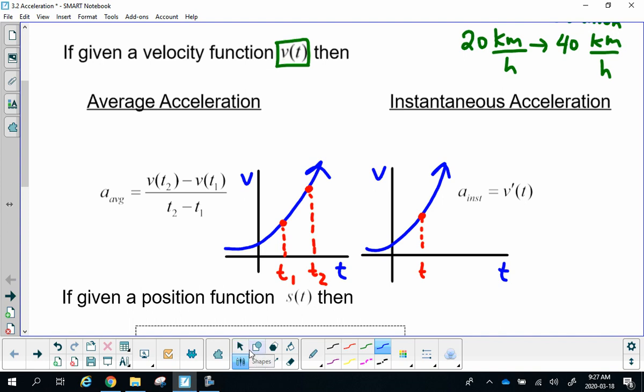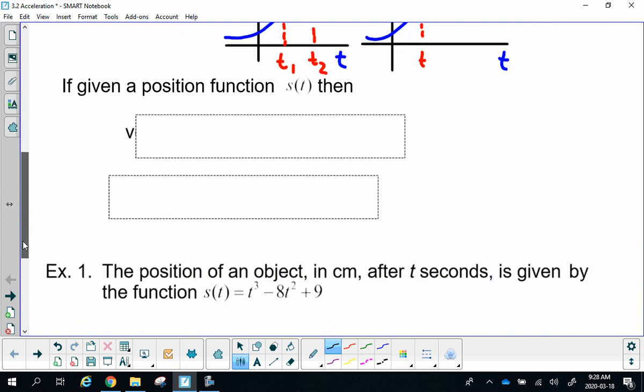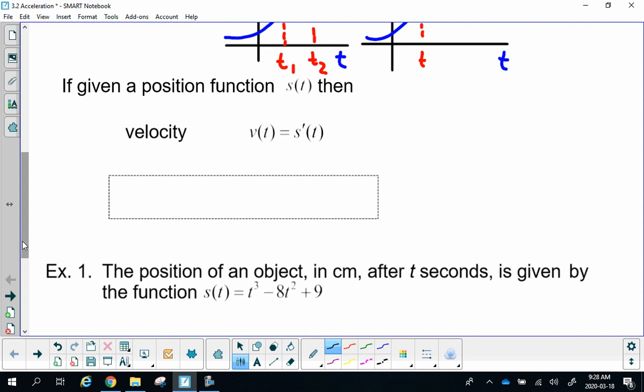And so like we said yesterday, if we have the velocity function, all we need to do is take the derivative to find the instantaneous. Very similar to when we wanted the instantaneous velocity, we just took the derivative of the position function, s of t.